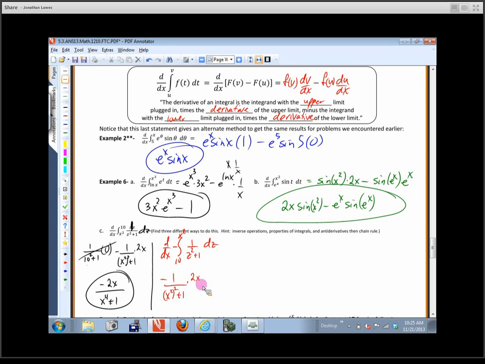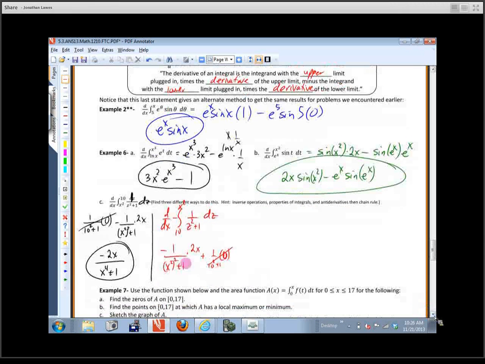Okay, do I need to bother with the rest of this stuff? I could if I want, but because that is a constant, its derivative is going to be 0, so that's going to wipe out that term. So I'm going to end up with negative 2x over x to the fourth plus 1. Same answer as I got over here, right?